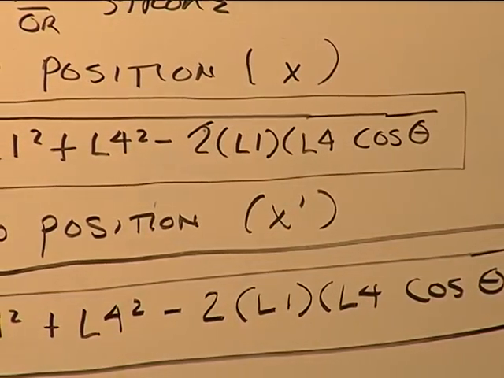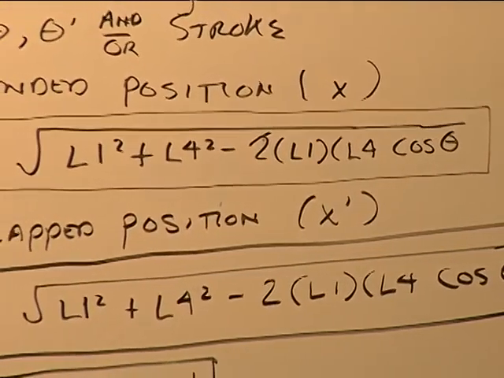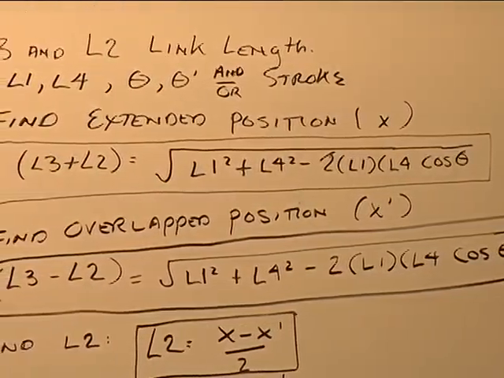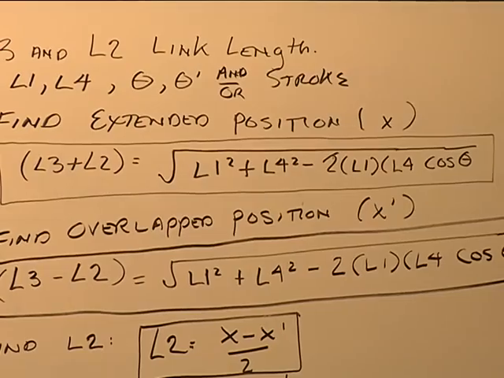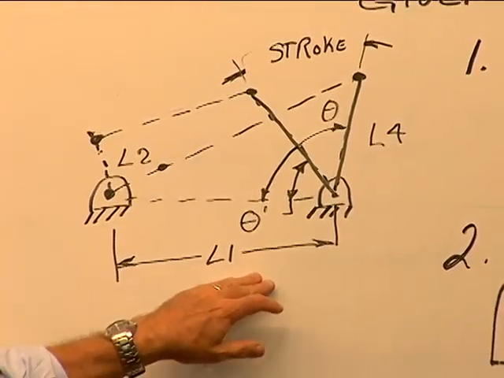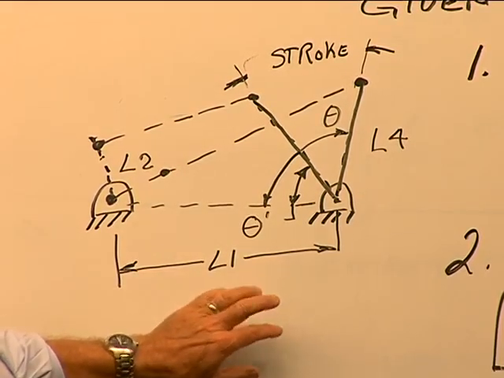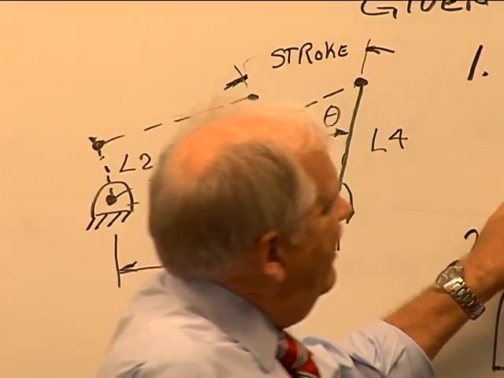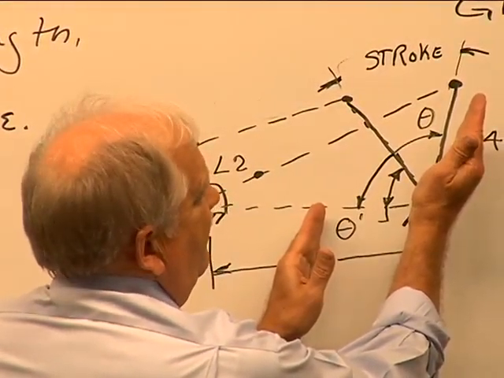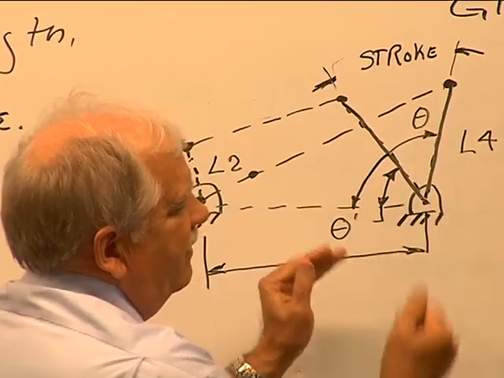Now the theta is, as you can see in my diagram, the angle from L1 to L4. In other words, the line that connects those two pivot points is L1. Once we've discovered that, then I know what the angle is for theta, which is the extended position, when these two links are extended.